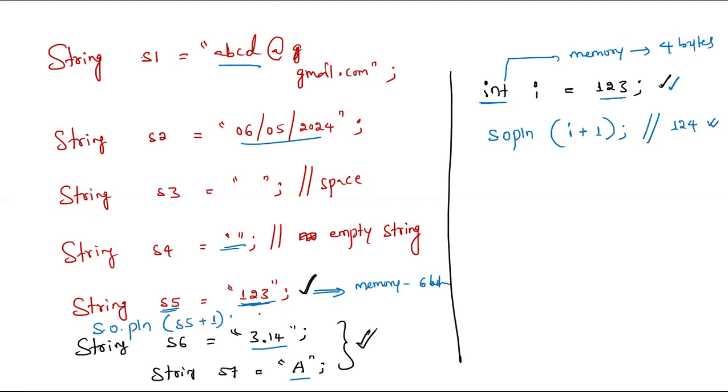What output do we get? We get 1, 2, 3, and then the next value is merged to this, not added. That is one more reason: if you store numeric data using the string type, we can't perform arithmetic operations, so we should go for integer.